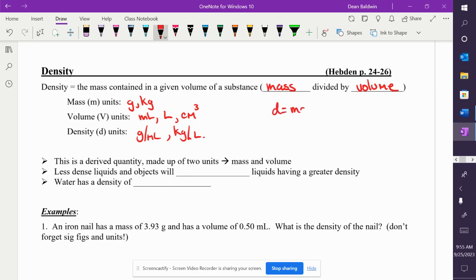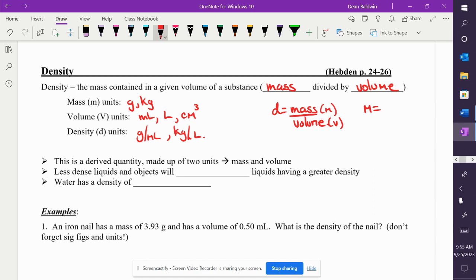Basically, here's your formula. Density, D, is mass divided by volume. Mass will be M, volume will be V. So what does mass equal? Physics people? How do I rearrange that formula to find mass?